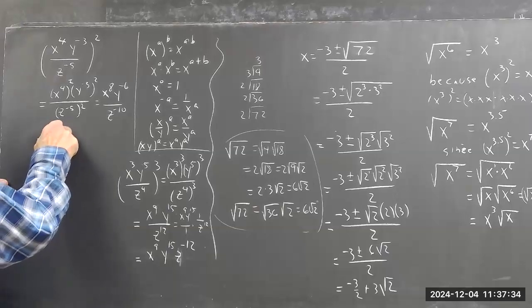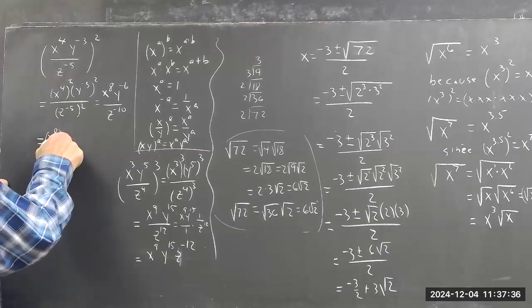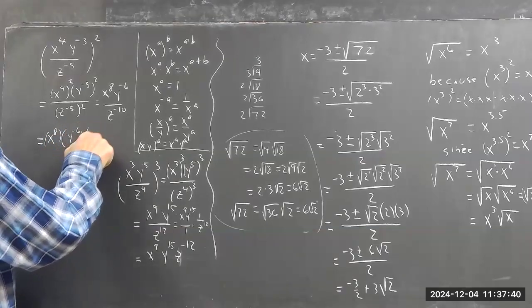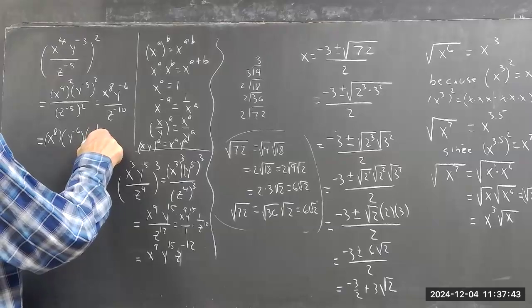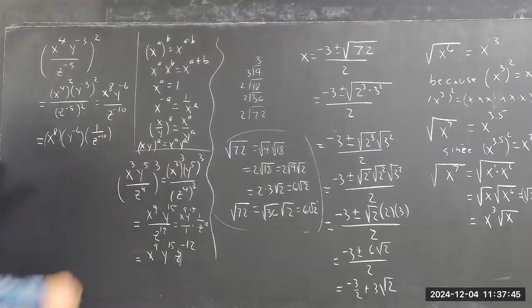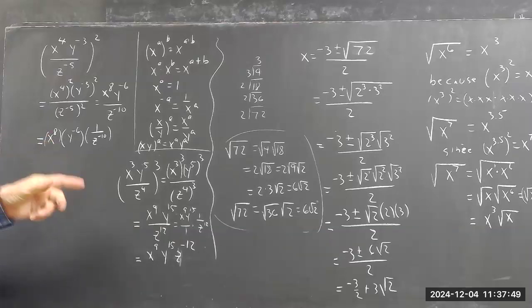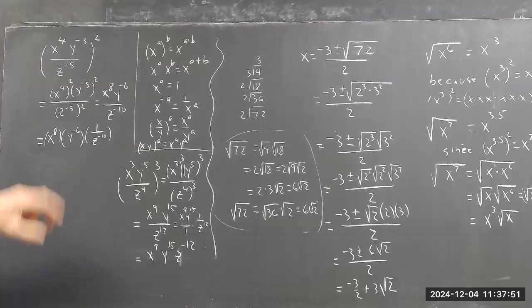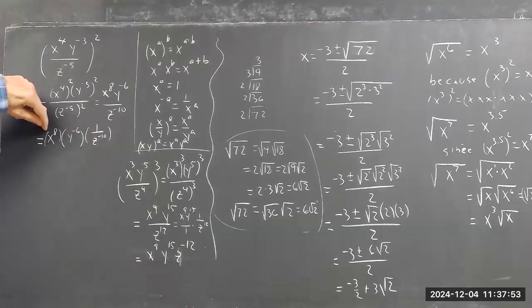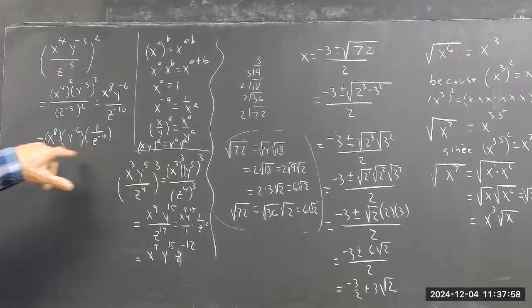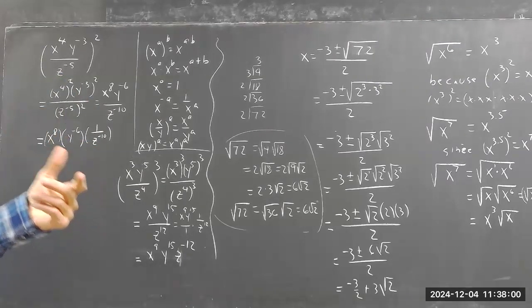We can write this as x to the eighth times y to the negative 6 times 1 over z to the negative 10th, right? Is it clear that this represents this? If we multiply these out, we still get x to the 8th, y to the negative 6th in the numerator, and we still get a z to the negative 10th in the denominator.